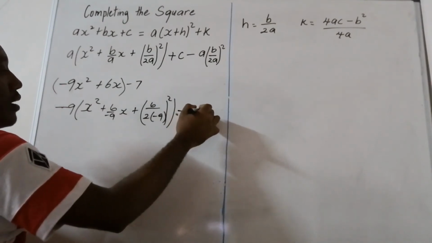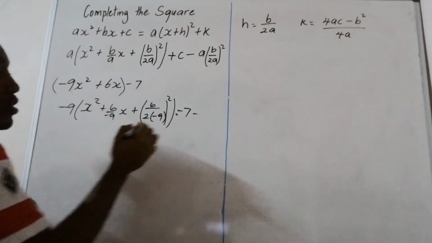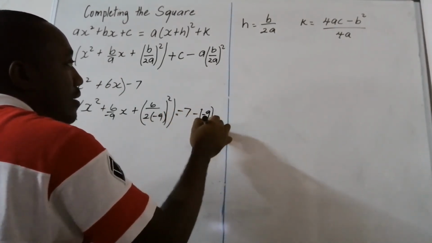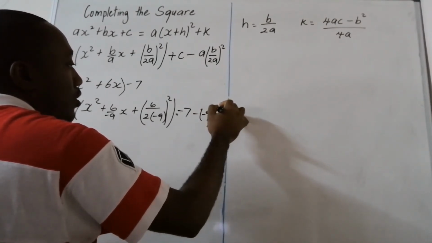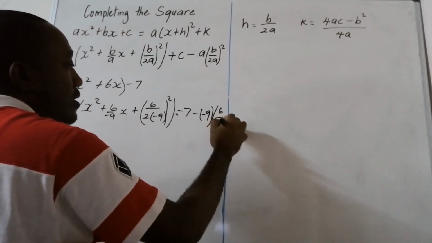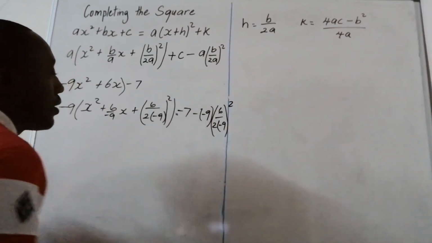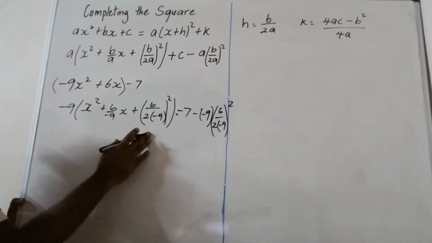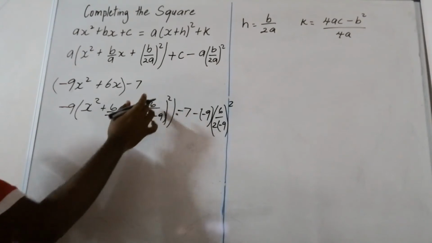Take now a is minus 9, so we'll have minus 9 times 6 over 2 times minus 9 all squared. All right, so we said once we have it in this format, this becomes our h value, b over 2a.